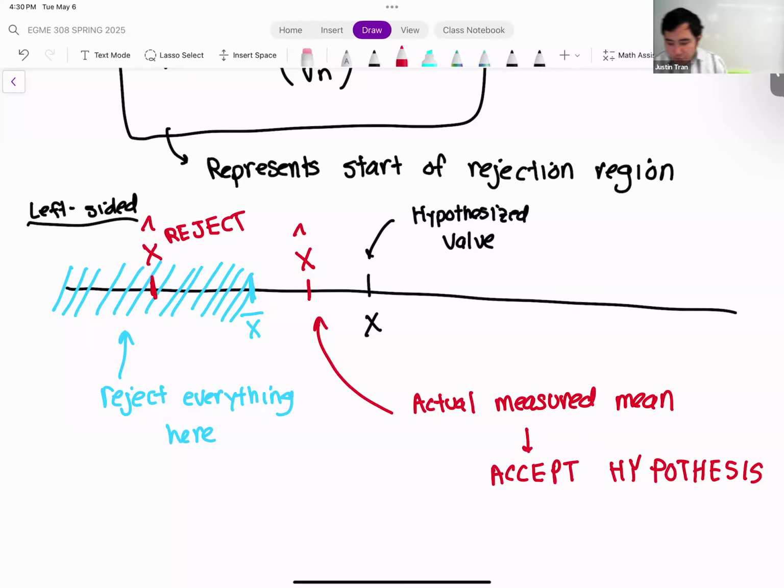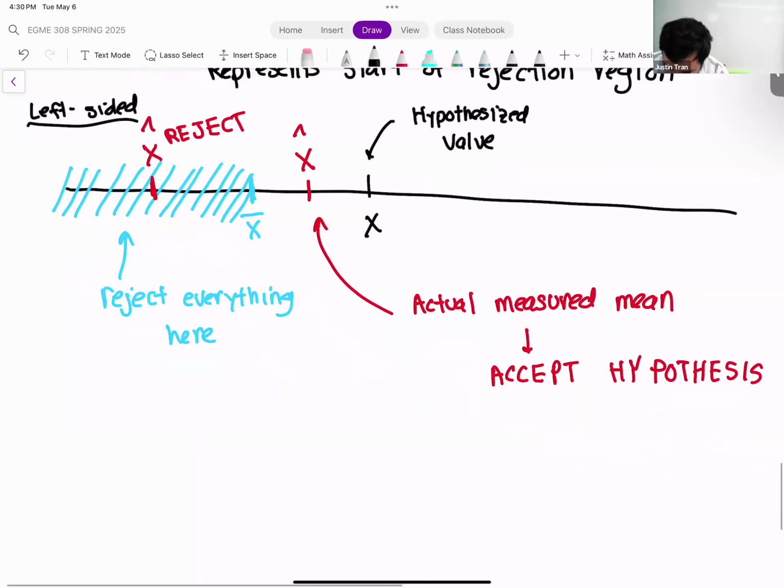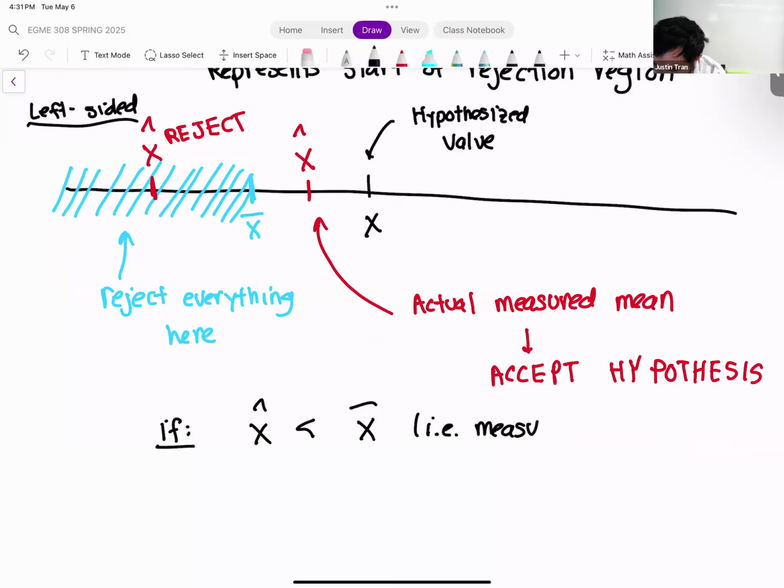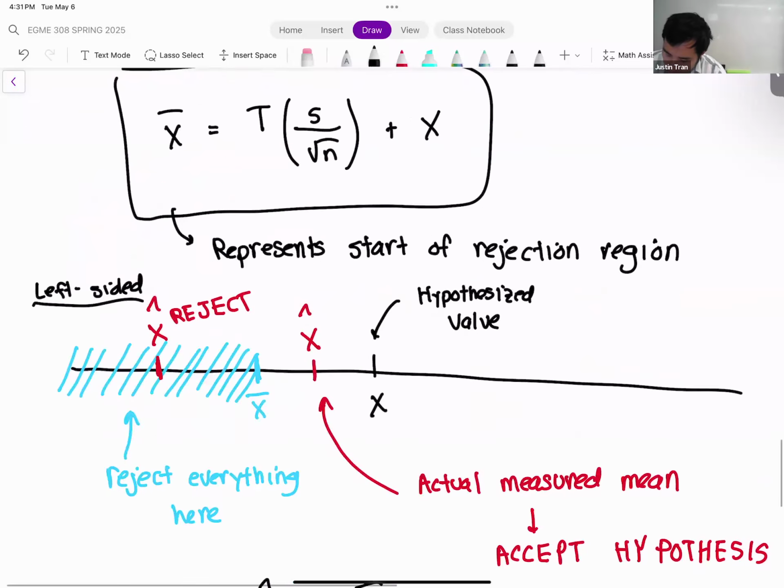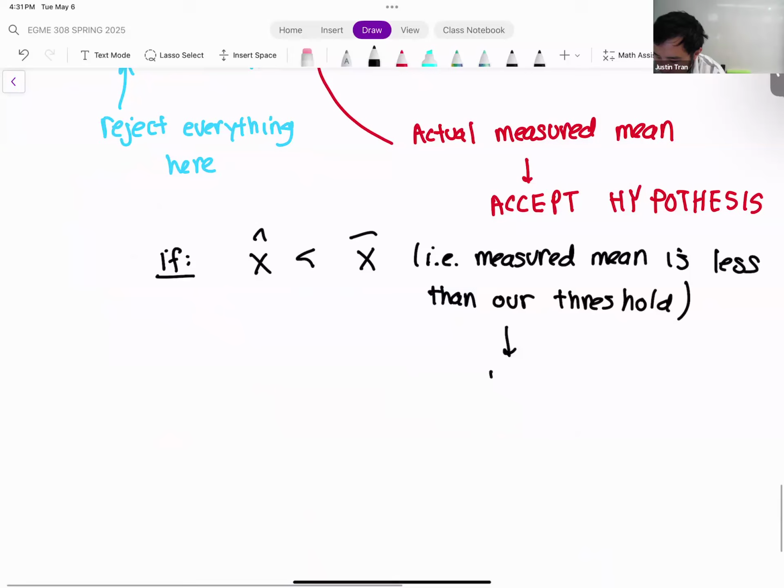In other words, in numbers, for a left-sided alternative, if x hat, our measured mean, is less than x bar, our threshold, then we are going to reject our hypothesis.